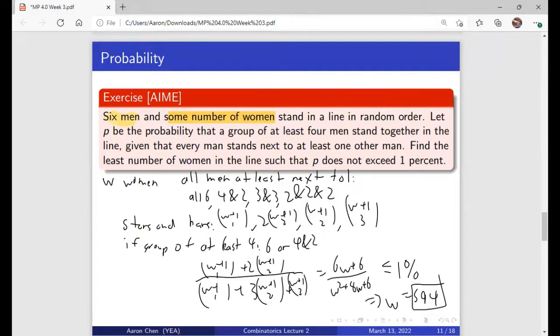And so let P be the probability that a group of at least 4 men stands together in the line, given that every man stands next to at least one other. And so, doing this, we want to find the least number of women such that P is at most 1%.